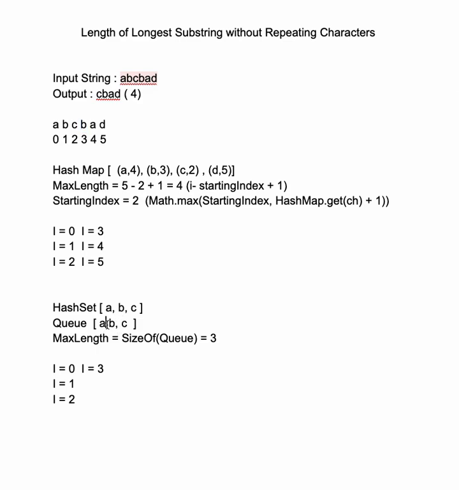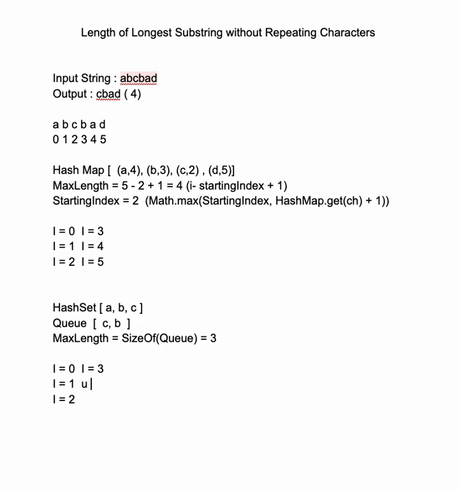We need to dequeue the queue from the beginning. We need to remove A, we need to remove B, and at last we need to add B. Inside the hash set, since we are adding B, we need not remove and add it again, we can just keep it as it is to retain the information that B is present. So here the size of the queue is 2, but the max length is already 3, which is greater than 2, so we will not be updating that.